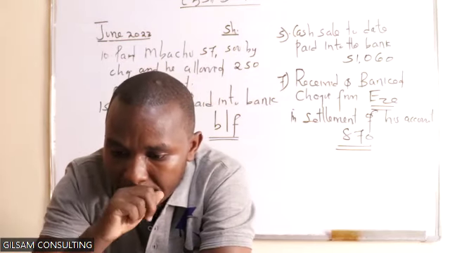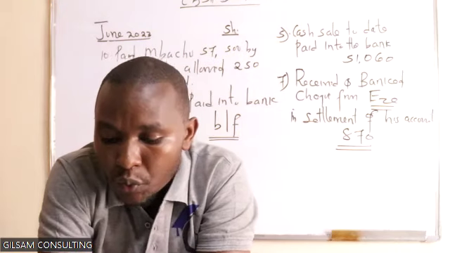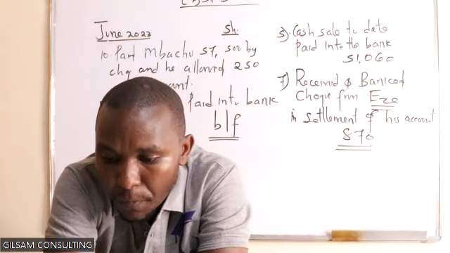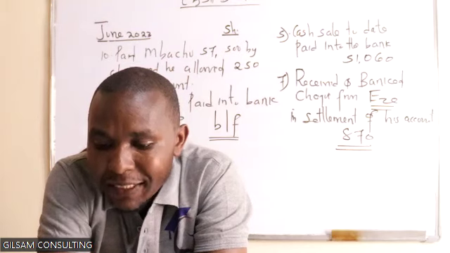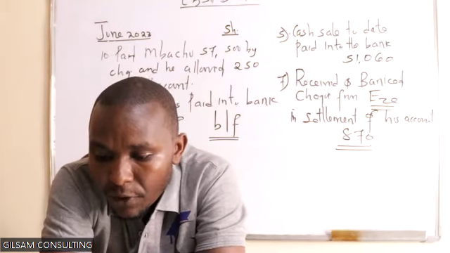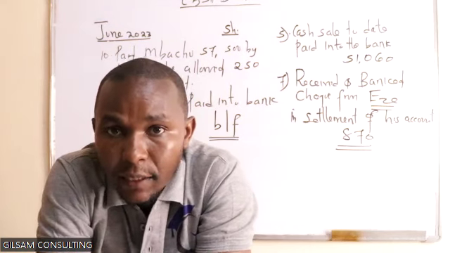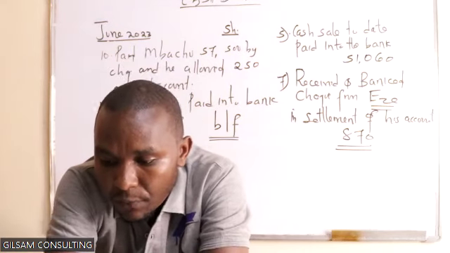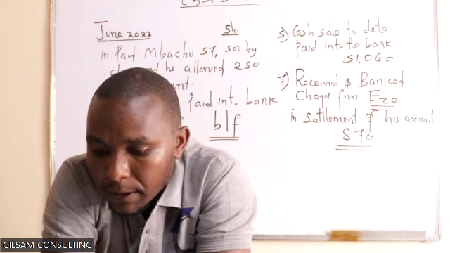And then date 22, purchased goods for cash 100,000.